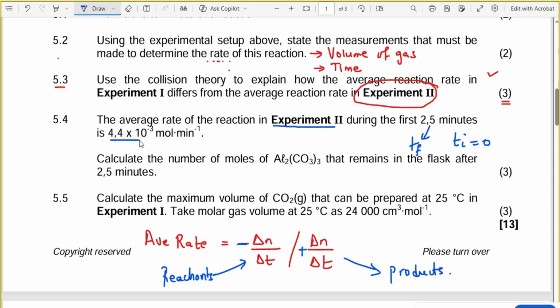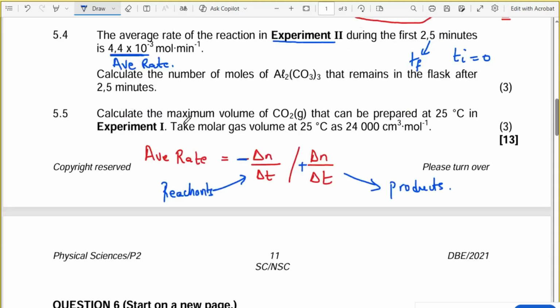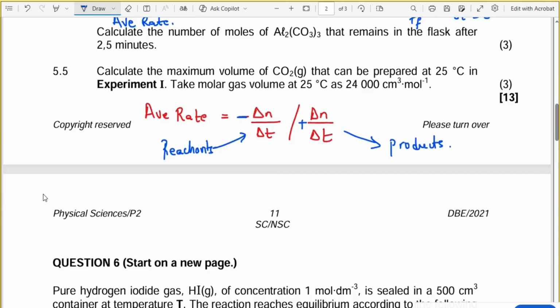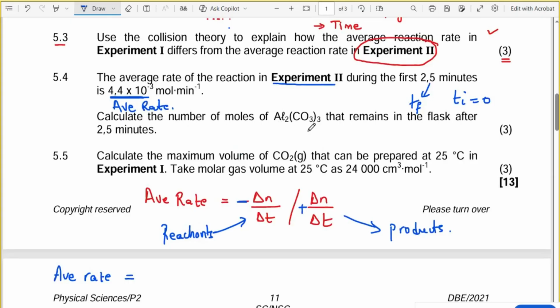And then now we are given the average rate. This is my average rate. Are you all with me on that? Yes, sir. Okay, so now I need you guys to look at what I'm going to do from this part. Now, I'm going to say the average rate is equal to the change. I'm looking for what? For aluminum carbonate.